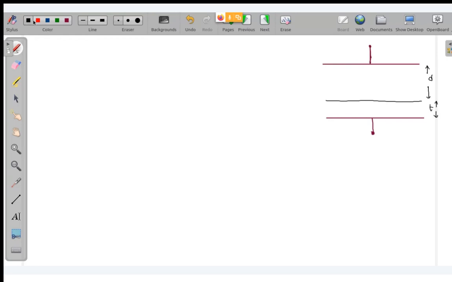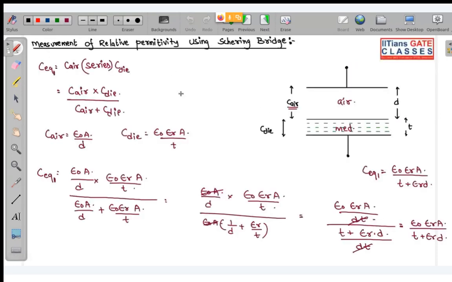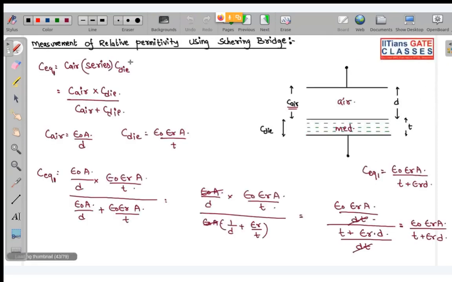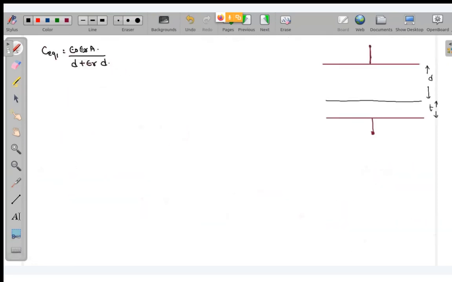So your capacitance value was C equivalent 1, epsilon naught epsilon R A divided by T plus epsilon R D. The moment you remove this medium, your capacitance value, let it be denoted as C equivalent 1 dash, is less than C equivalent 1.